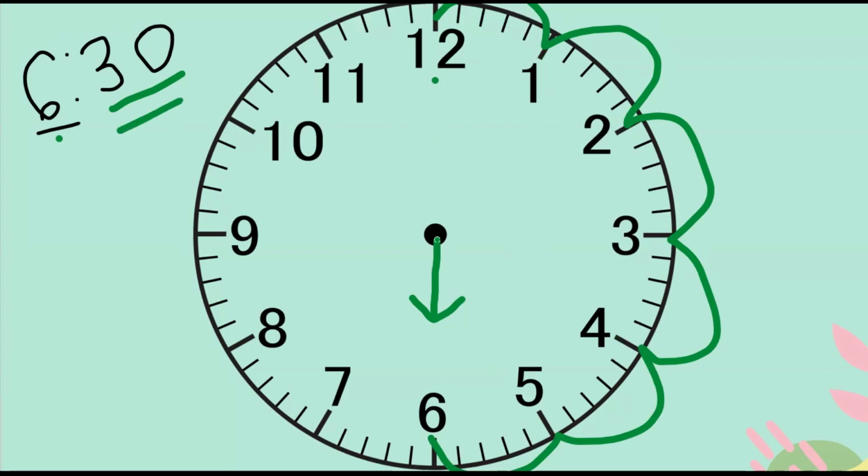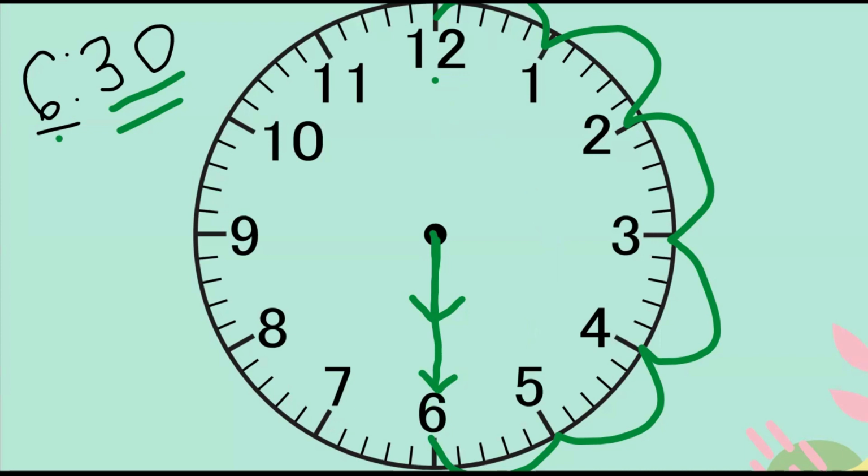So we're going to draw the minute hand, remember, which is the long one, pointing right at the 6. So they're right on top of each other. It is 6:30. Remember, it travels to the 6 to make 30 minutes past the hour. Good job.